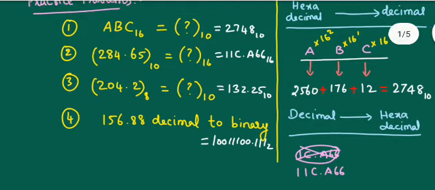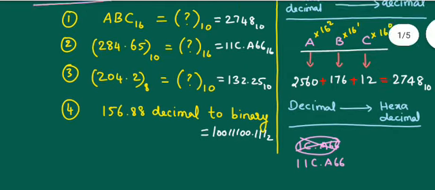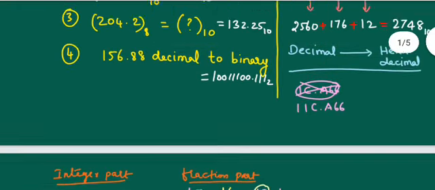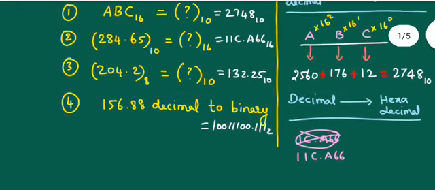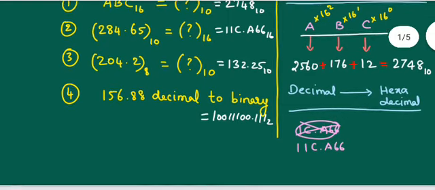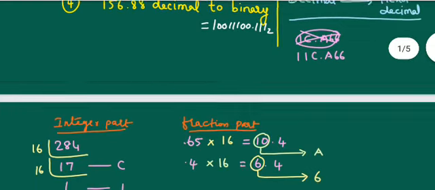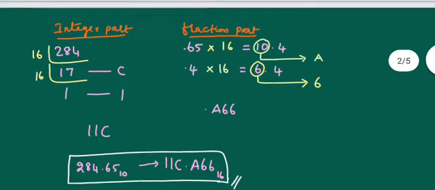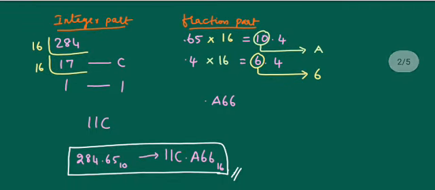So we'll see the second problem. Decimal given, hexadecimal we want to calculate. What is the decimal value given? 284.65. 284 is the integer part, 0.65 is the fraction part.